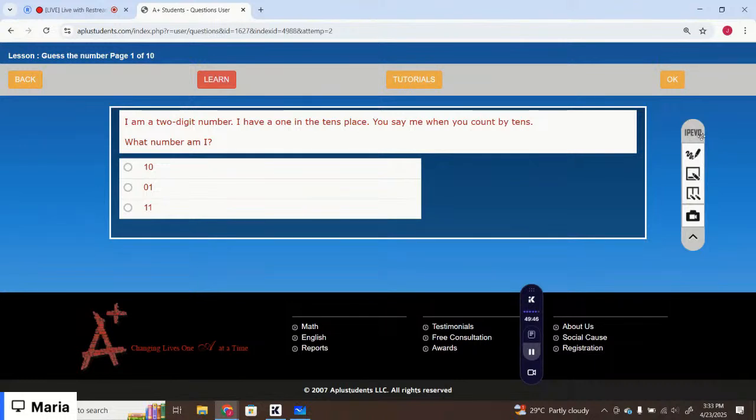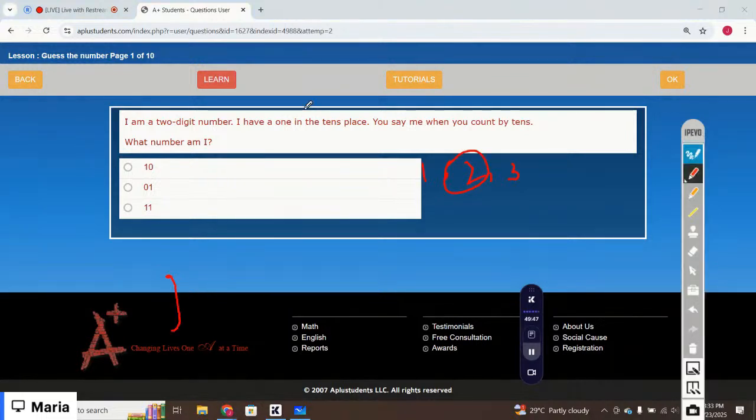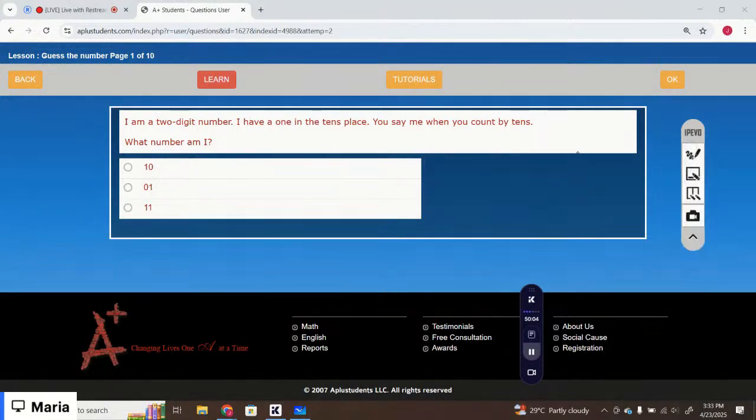The options you are given are 10, 1 and 11. I have a 1 at the tens place. You say me when you count by 10. So the only number we say when counting by 10 is 10. So option number 1 is the correct option. That is 10. Got it? Option 1 is the correct option.